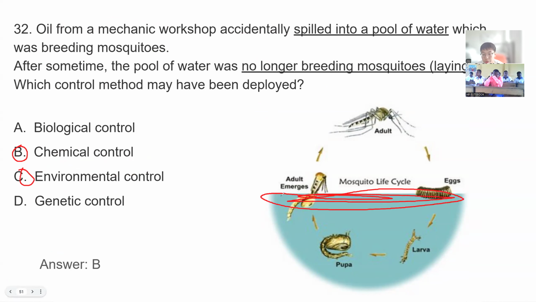If it's covered in oil, then it is removing spots for mosquitoes to lay eggs. And it is also chemical control in a sense that you use chemicals to prevent mosquitoes or directly kill the larvae and the eggs. Since the larva cannot breathe if oil is covered, they would die off. So it is both a sort of chemical control and environmental control.